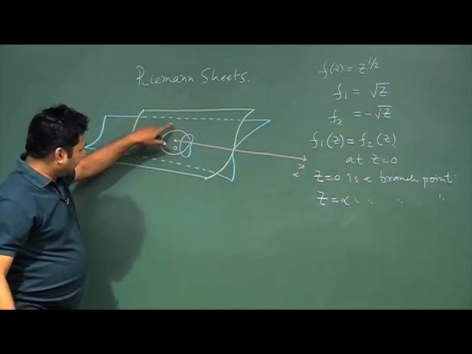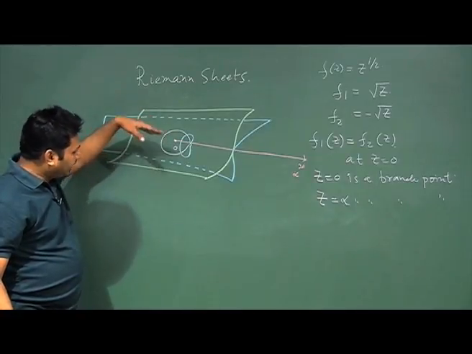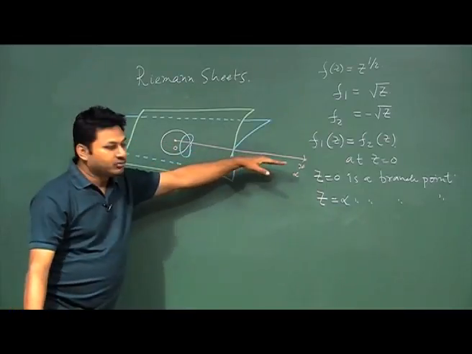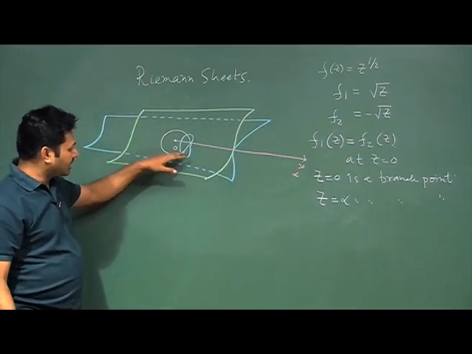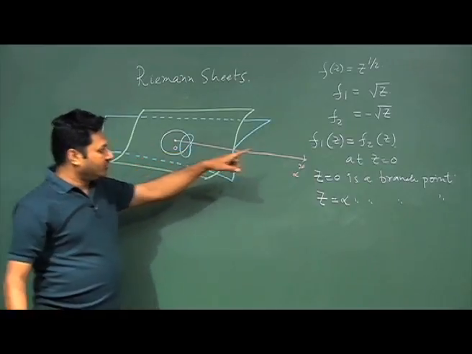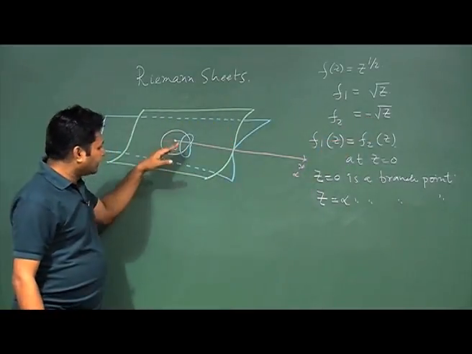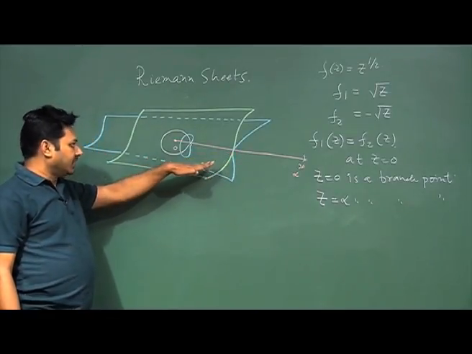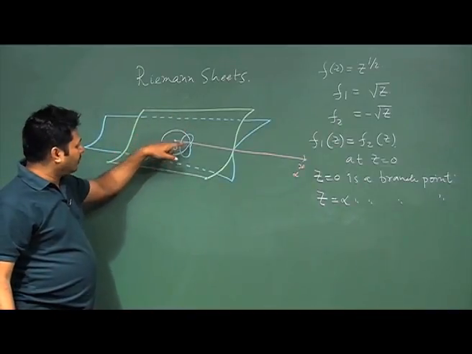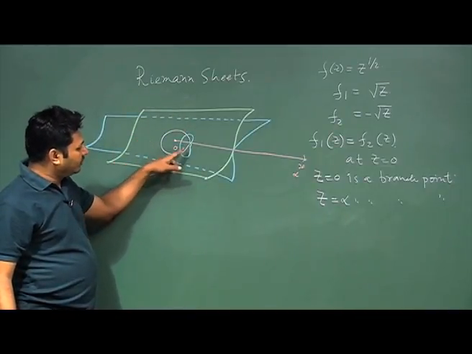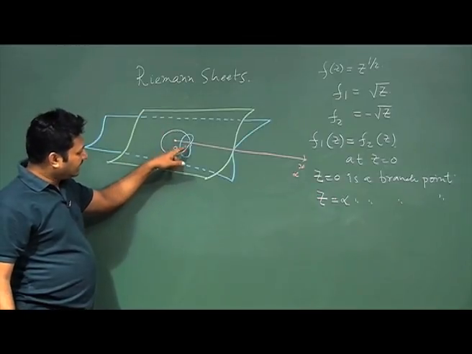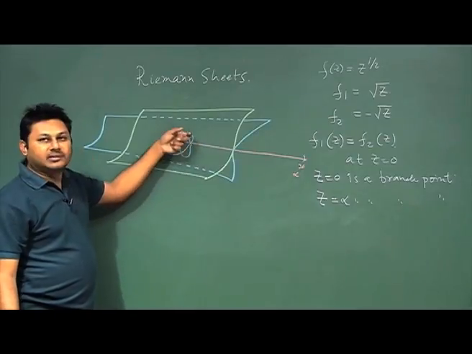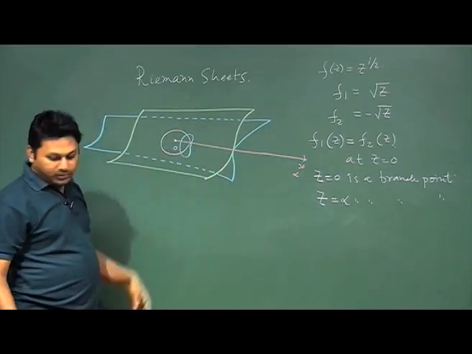In the first rotation it will be in the first sheet, and when it crosses this line, this branch cut, there is a discontinuity because we have a negative sign here, and it slides down to the next sheet. So, this lower sheet corresponds to minus and the upper sheet is plus. It is in the upper sheet while theta is up to 2 pi, and then it goes to exactly the next one when it crosses this branch line.